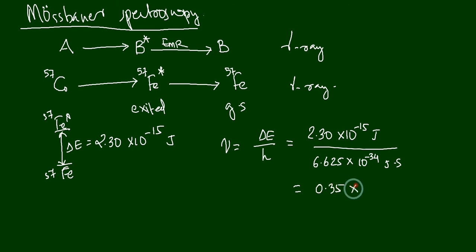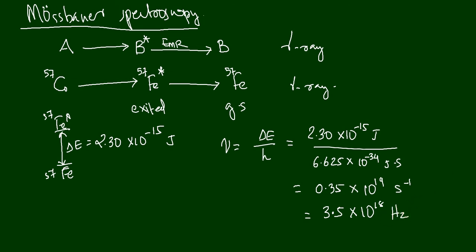You can calculate it like this. The unit is per second, because joule and joule cancel, and that is equal to 3.5 into 10 raised to 18 per second, or we can write it as hertz.